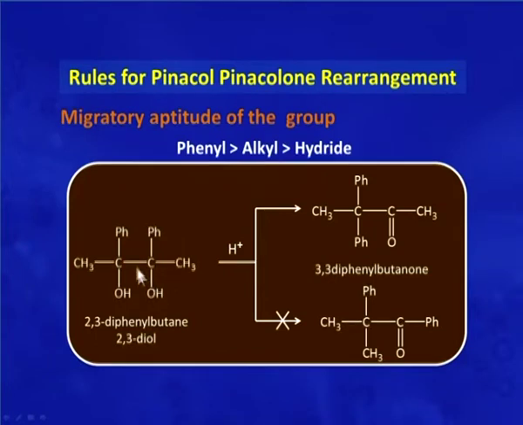We have here a phenyl group and a methyl group. Out of the two, the phenyl group migrates with its pair of electrons preferentially. As a result, the product formed is 3,3-diphenyl 2-butanone. So, again we can repeat that the phenyl group migrates preferentially over the methyl group in this particular case.